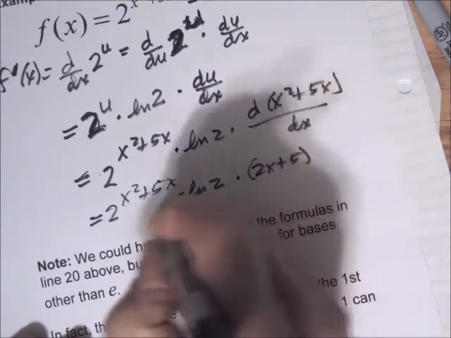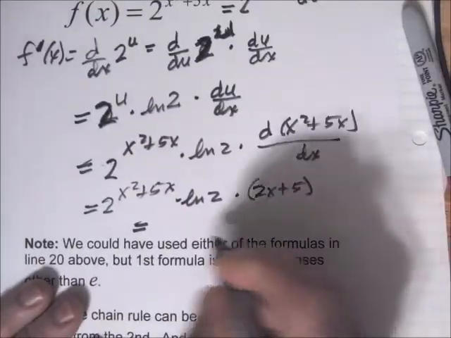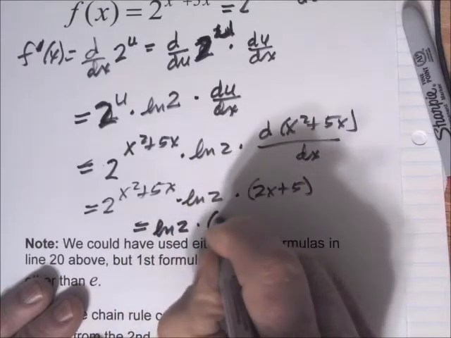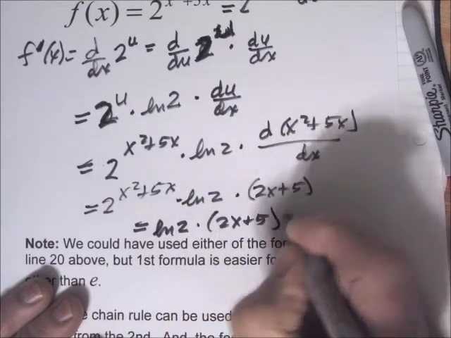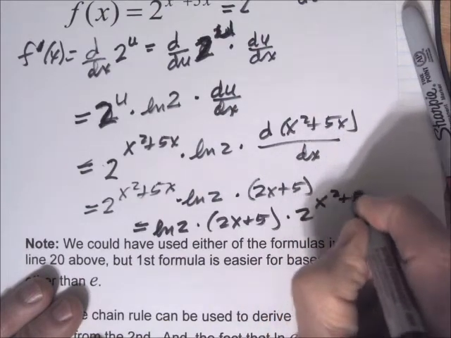And usually the numerical and algebraic part is put first, so I like to write them first anyway. It's just ln 2 times 2x plus 5 times 2 to the x squared plus 5x.